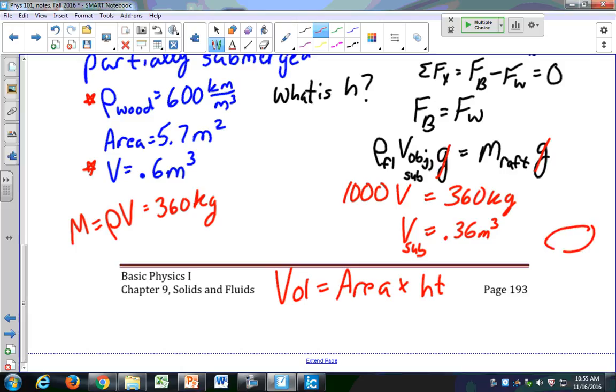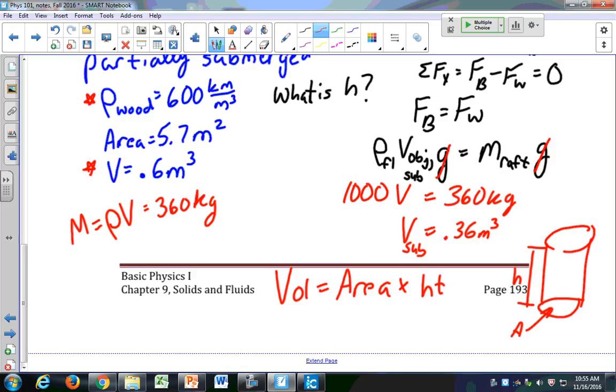If it's a cylinder, for example, the area of the cylinder times the height of the cylinder, that's equal to the volume. If it's a rectangular prism, which is what we have here, I take the area of a face and I multiply it through by the height. In general, this is always true for three-dimensional objects that are regular, that it's the area of a face times the height.